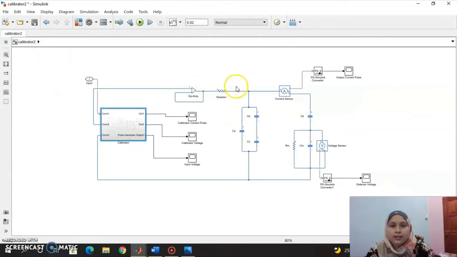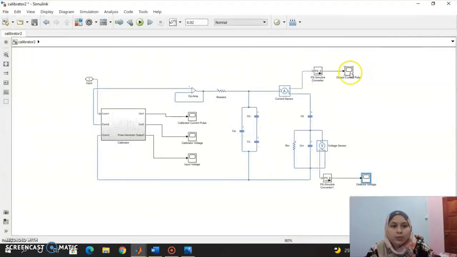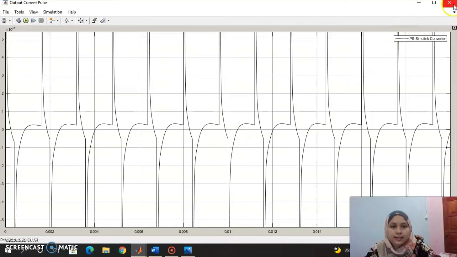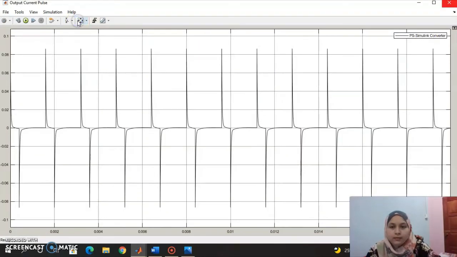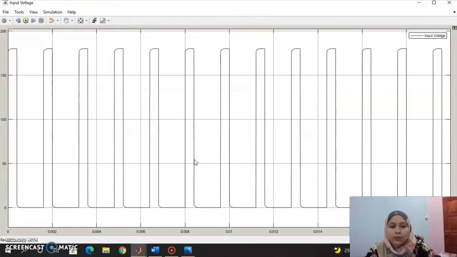After we run this simulation, we can get the output pulse of the detector circuit, and then the output current pulse from the detector circuit, and then the input voltage, which is the output pulse generator value.